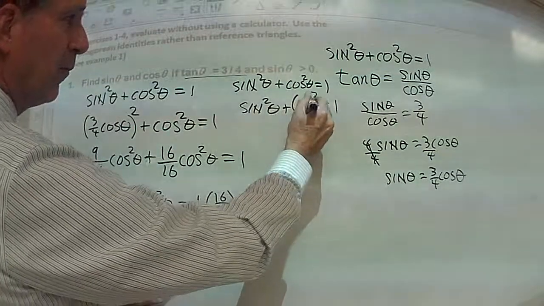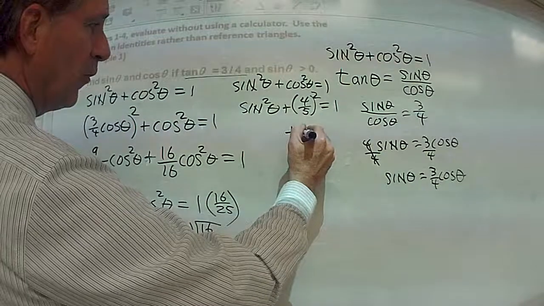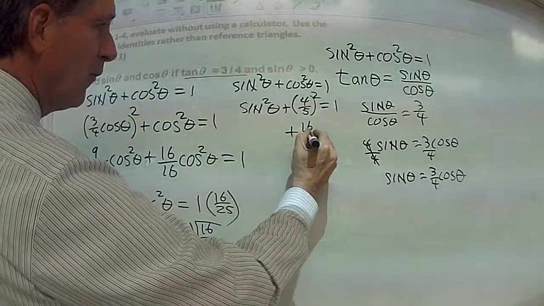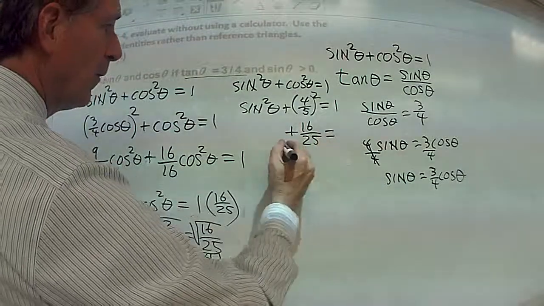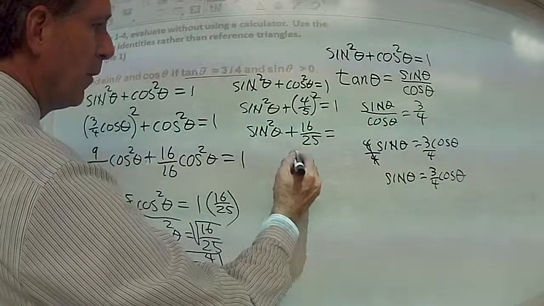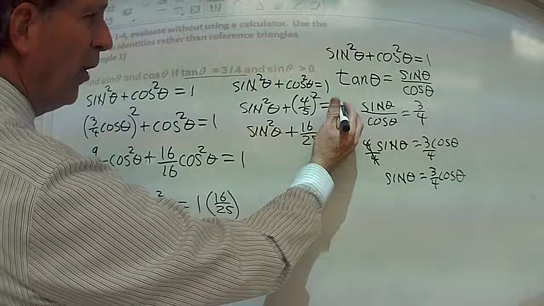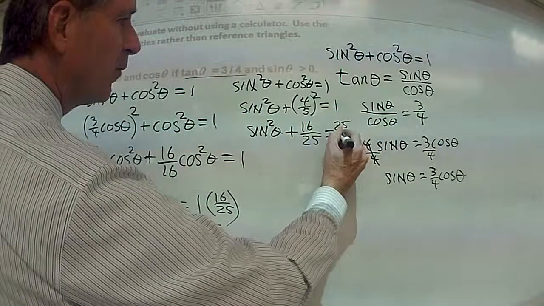And what is 4/5 squared? Well, 4 squared is 16, 5 squared is 25, so we have 16/25. And we bring down the sine squared theta. And how many 25ths are there in 1? Well, there are 25 25ths.